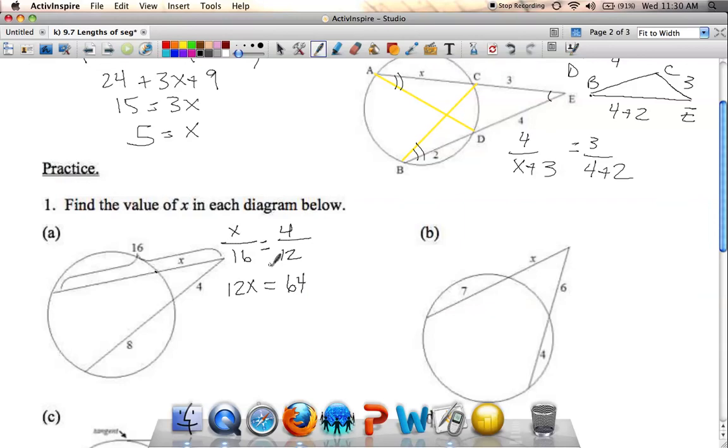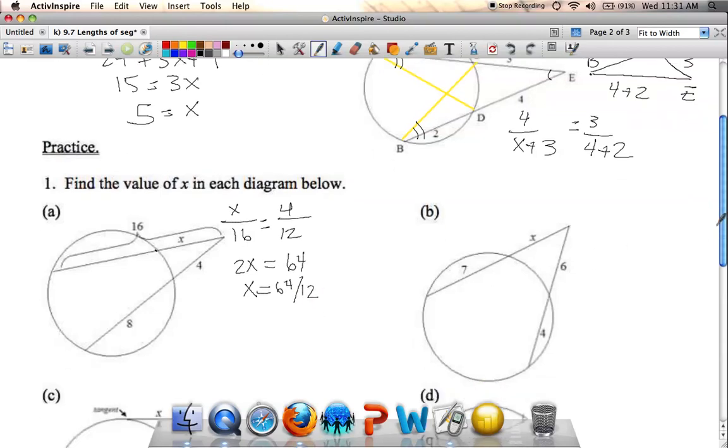Did I do that right? x is to 16 as 4 is to 12. And so x equals whatever 64 divided by 12 is.